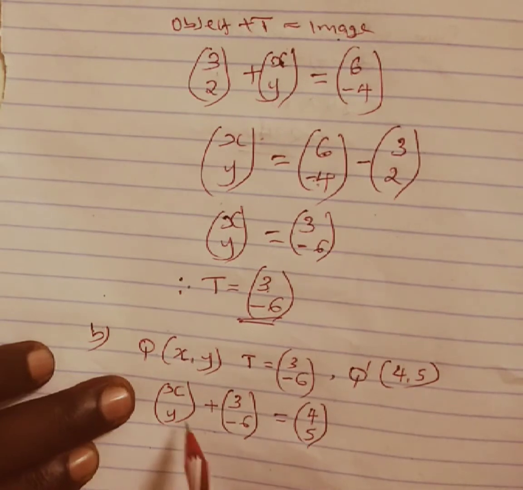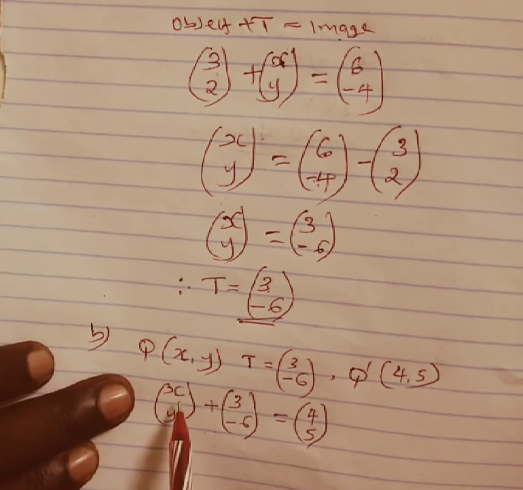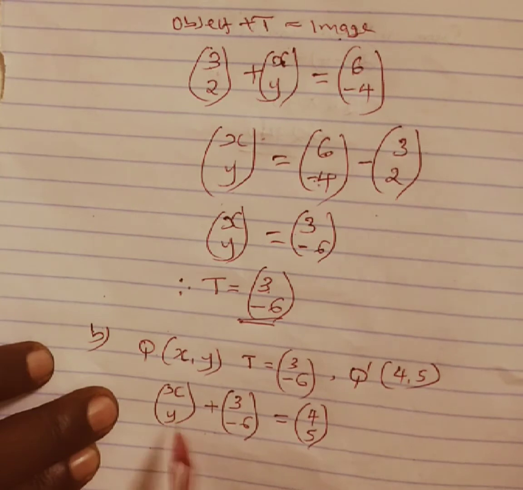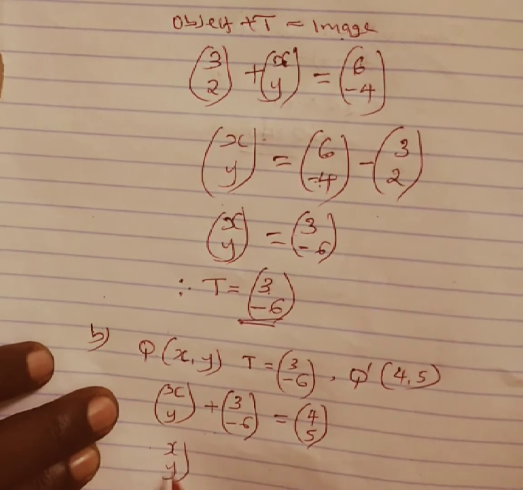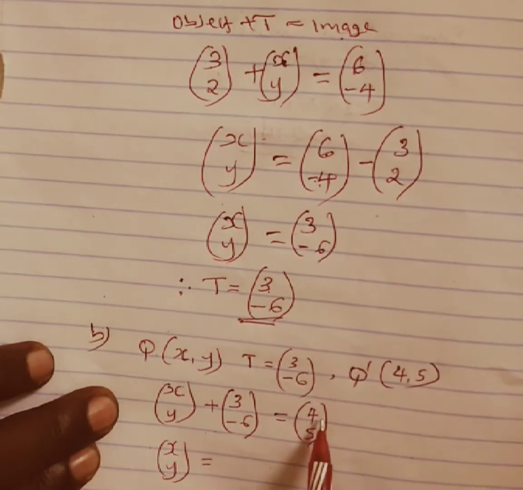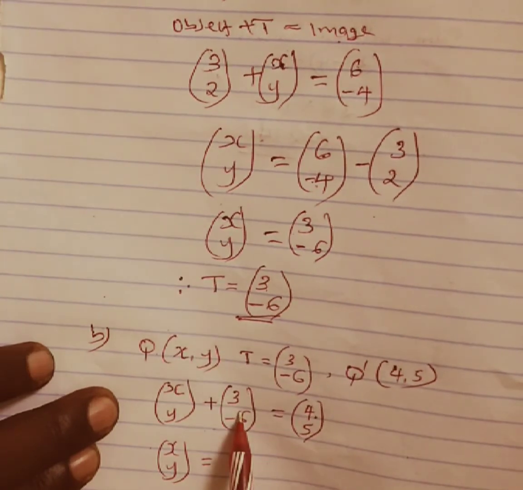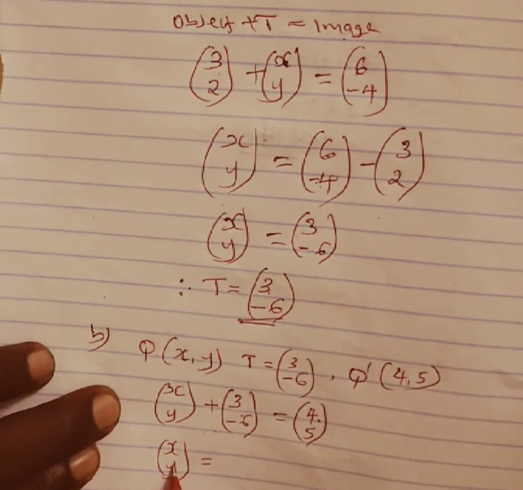From here, if you want to get the coordinates of x, y, we are going to take the image and subtract the translation vector for us to get the object.